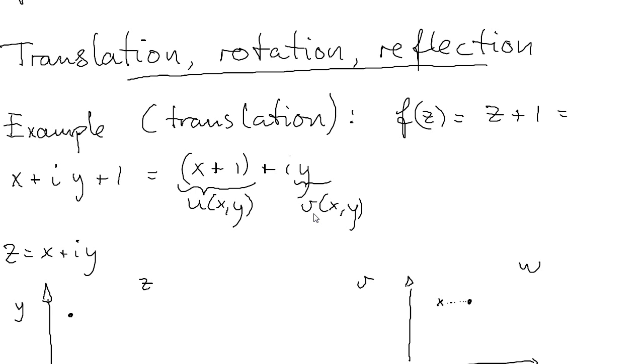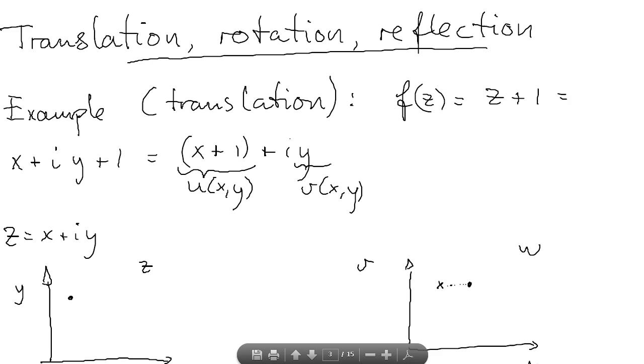So what does this mean? We started with some function z, which is x plus iy, for example here, and if we look at the expression for this function, we see that this function is translated in the real direction with the unit value.